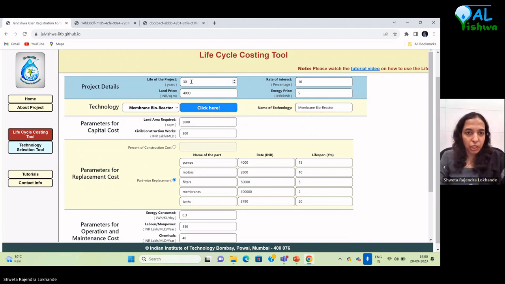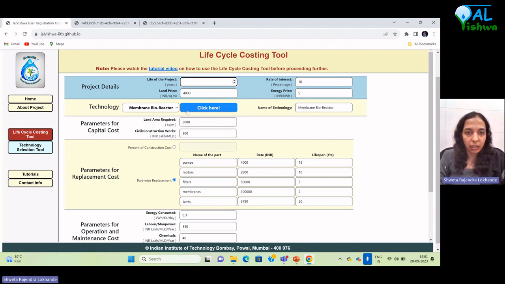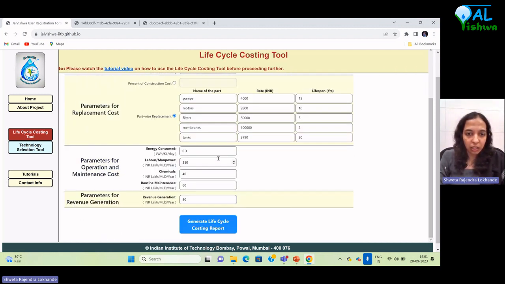Another thing, just in case you get any error, it might happen. Let's say you have not filled in the life cycle of the project, and then you generate the life cycle costing report.